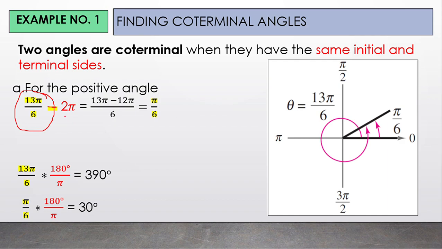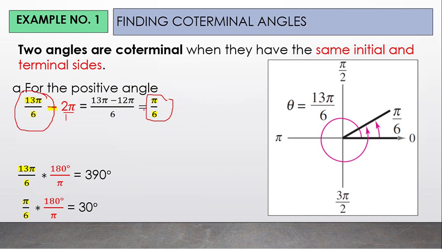So 6 divided by 1 times 2 is negative 12 pi. So 13 pi minus 12 pi is equals to 1 pi or pi over 6. So sabi dito, si 13 pi over 6 ay coterminal angle niya daw si pi over 6.